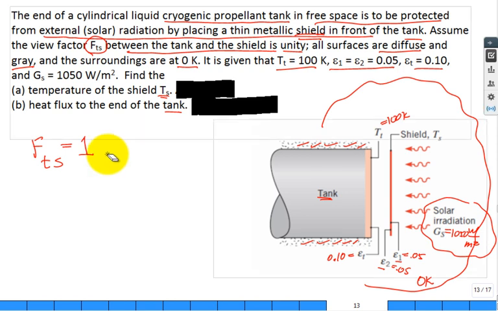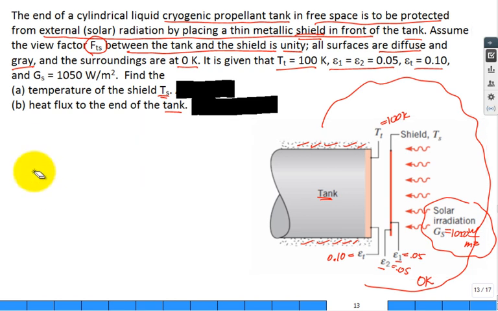All right. And then what I would do is I need to calculate the temperature of the shield, right? So I would put together a radiative network. And in that radiative network, I would have J nodes and EB nodes.